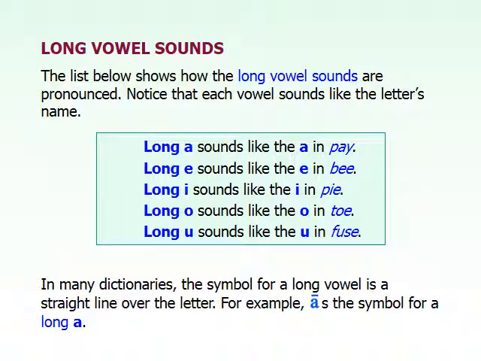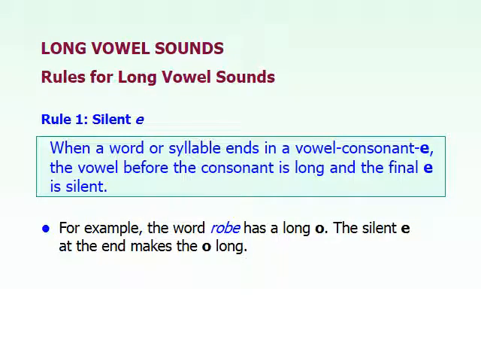Okay, so moving on, let's look at the rules. There are 3 rules here for determining long vowels. The first of the rules is the silent E rule. It says that when a word or a syllable ends in a vowel, consonant, and then silent E, the vowel before the consonant is long and the final E is silent.